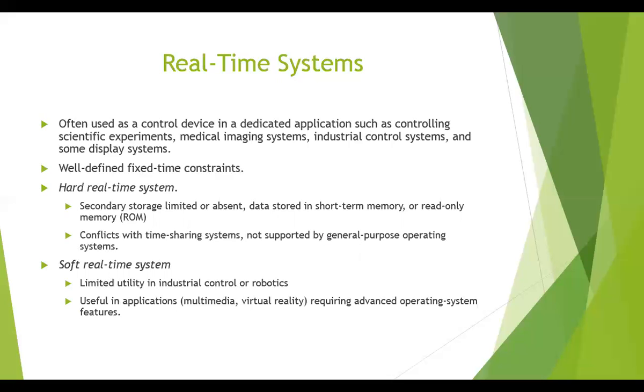If it is mismatched with the time, then a problem will occur. Soft real-time systems are used in robotics and industrial controllers, and in applications such as virtual reality and multimedia. They require advanced operating system features.